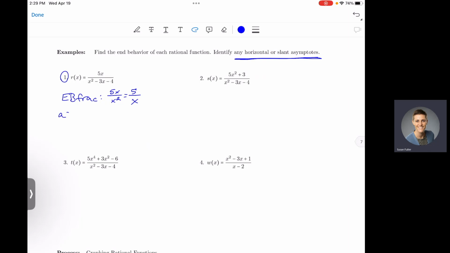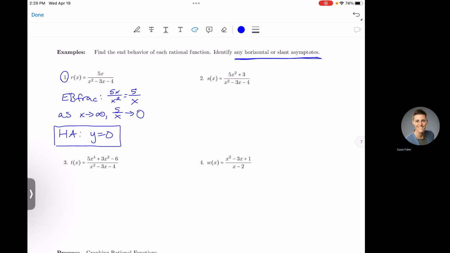So as x goes to infinity, what happens to 5 over x? 5 divided by a bigger and bigger and bigger number. You can put numbers in your calculator and see what happens. But as x gets bigger and bigger and bigger, this thing is going to go to 0. That means this has a horizontal asymptote, and our horizontal asymptote is y equals 0.